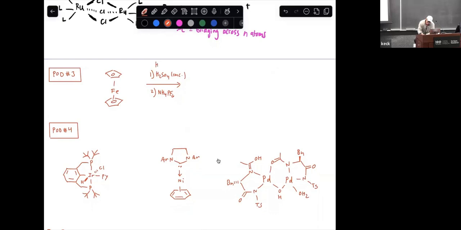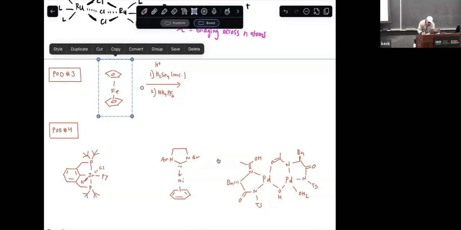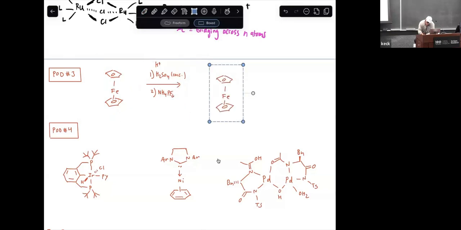So we could view this as an H+, and then I think your proposal, which is definitely plausible, would be something like you're recognizing that these Cp ligands are electron rich in character, and so you have the potential to react them with electrophiles.